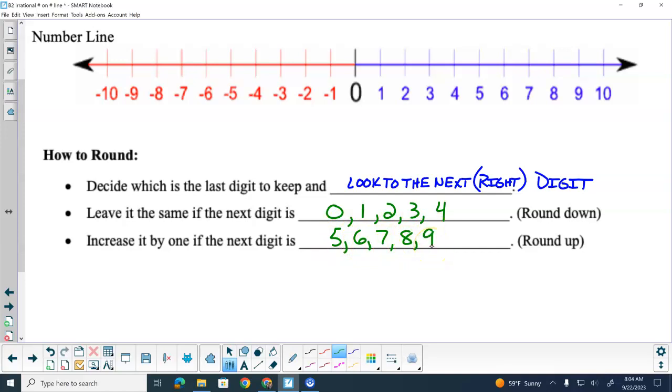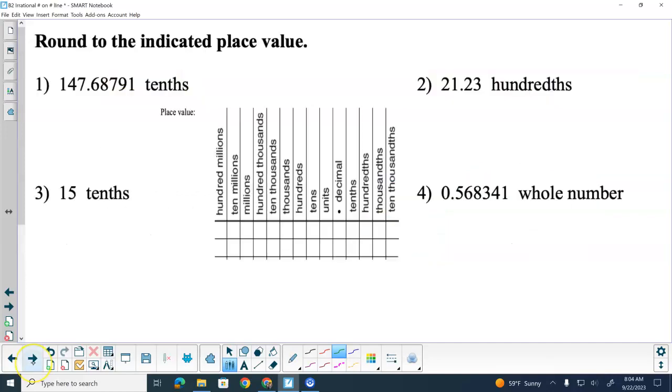All right. With that rehash happening, let's round those 4 numbers to the specific place value that is afterward. So number 1, we're rounding to the tenths. Number 2, we're rounding to the hundredths. Number 3, that shouldn't be tenths.